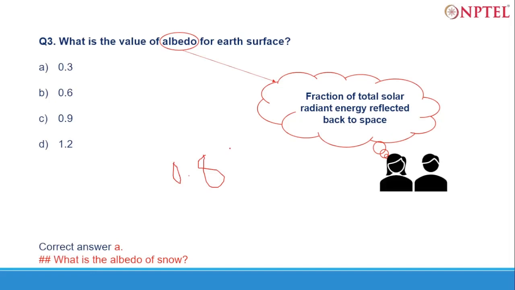The albedo value of snow has a very significant role in why it appears white, because it is reflecting 80% of its incident radiation back to the atmosphere or space. When 80% of light is reflected by something, we see white light. That's why snow appears white to us. This is one of the main reasons for snow being white.